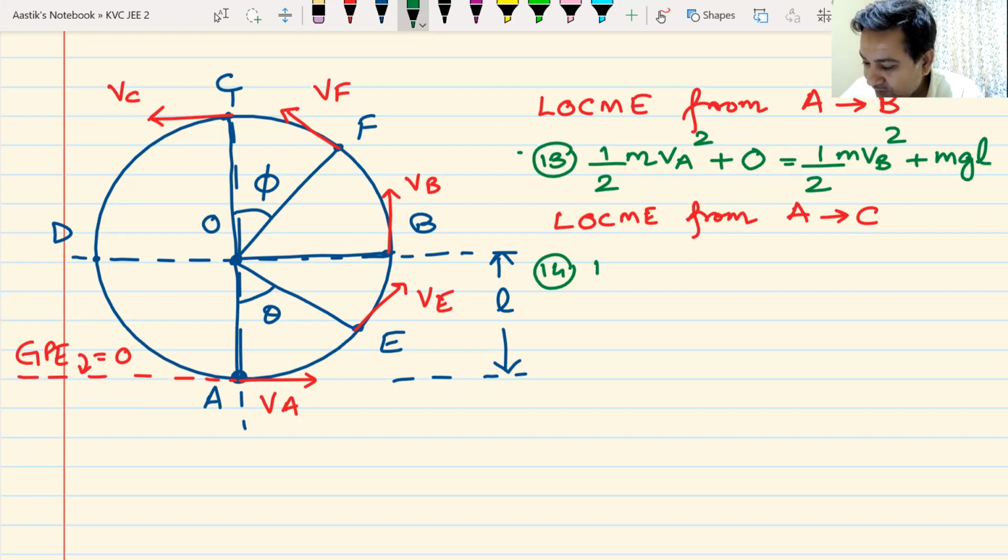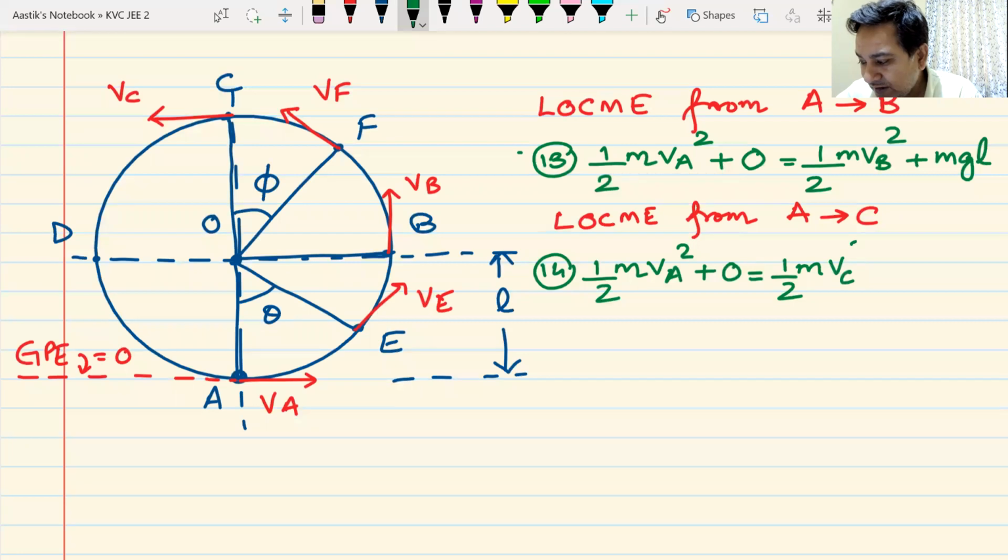No, it is not correct. Half m VA squared is correct, plus 0 for potential energy, this is correct. That must be equal to the kinetic energy at point C, which you always forget. Yes, Santosh, you are correct. Half m VC squared, the kinetic energy at point C, plus mg multiplied by 2l.